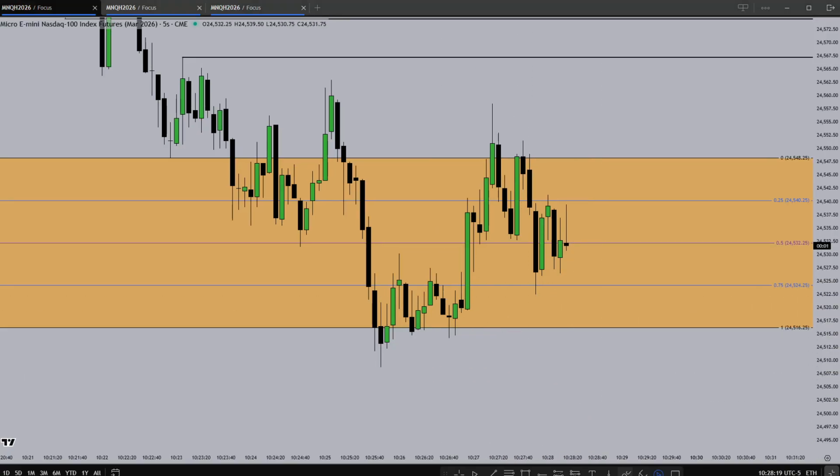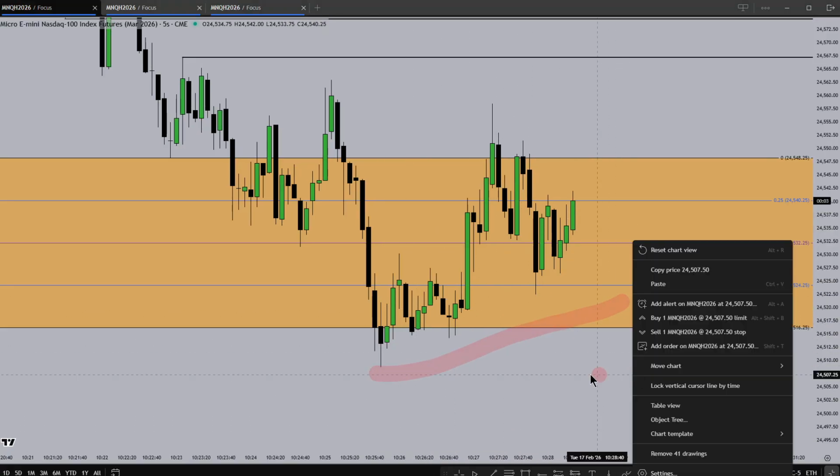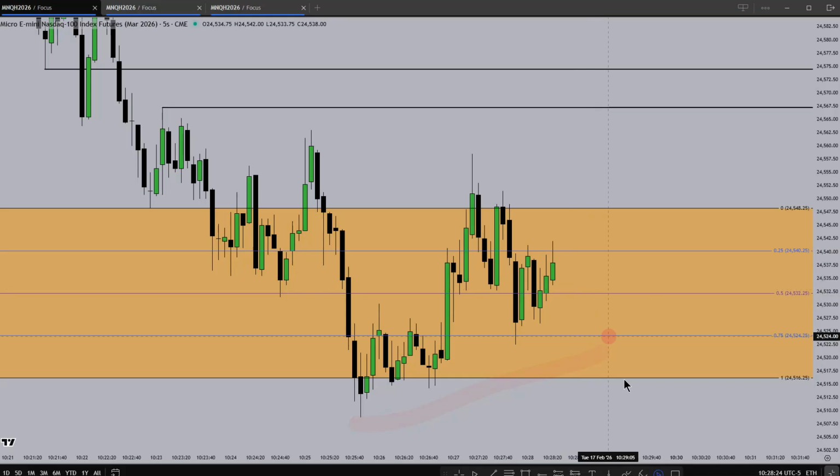Once we get beneath these lows, you want to see speed. But currently we're still in the range of the 1 minute fair value gap.